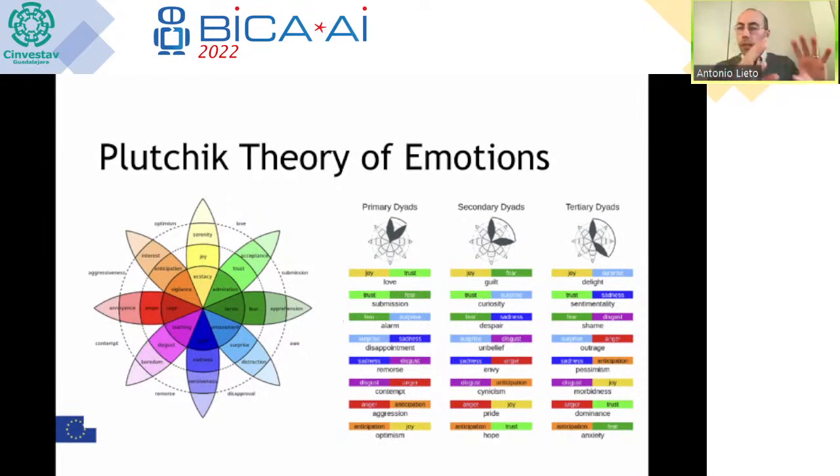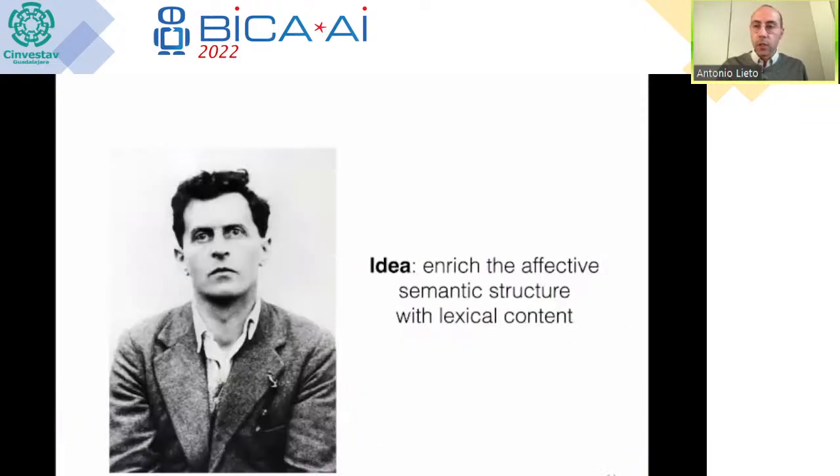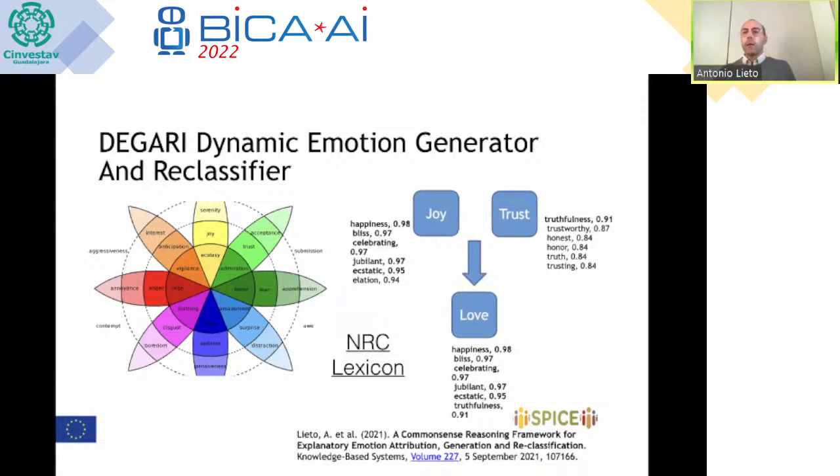So we used this schema to generate the prototypes, the human-like representation of these compound concepts, by using our Degari reasoning engine. Now, the problem that we had here is that we started from an ontology developed according to the theory of Plutchik.